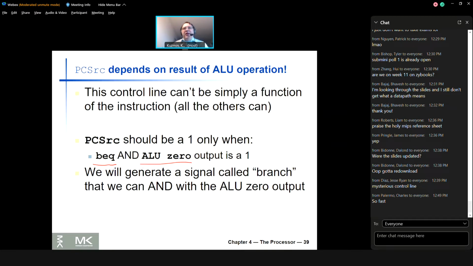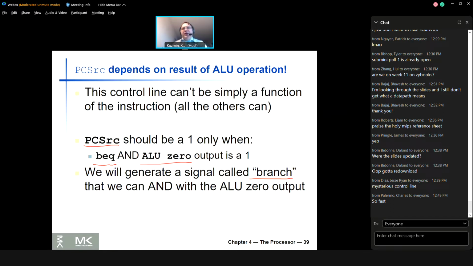It's just an AND between the BEQ bit and the zero bit. And if the output is 1, it means we are taking the branch, and it means that the PC source has to select the corresponding value to be loaded into the PC, and that value would be the address to which we are jumping, which is relative. It's PC plus the displacement that is coming from the immediate value of the instruction. All right, so yeah, we call this branch.